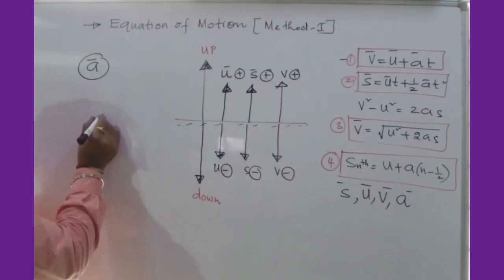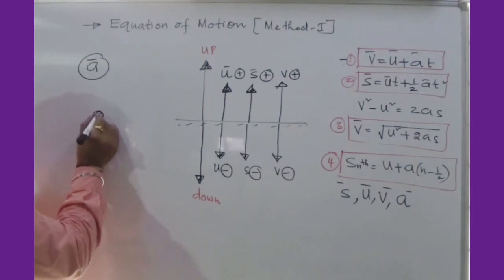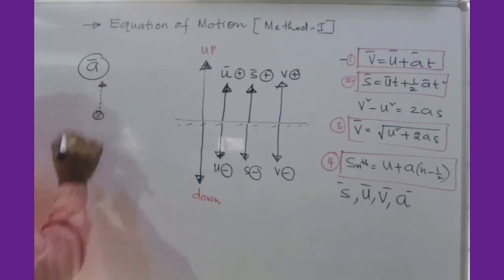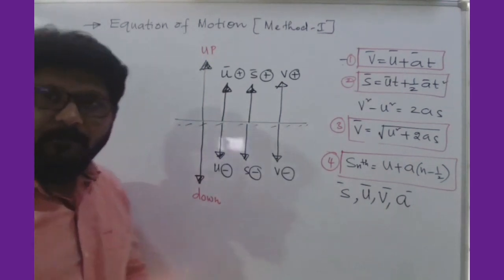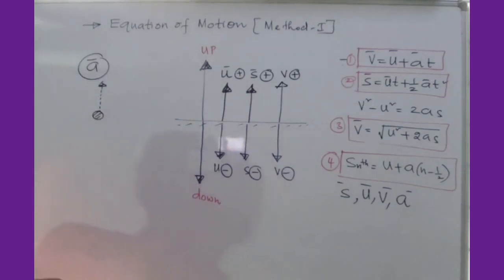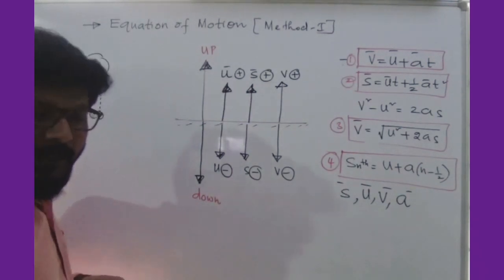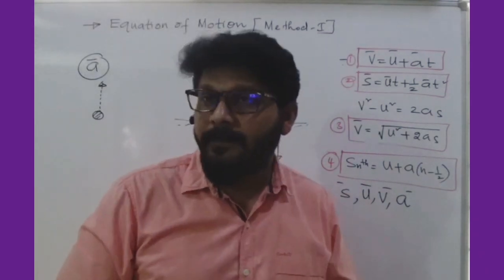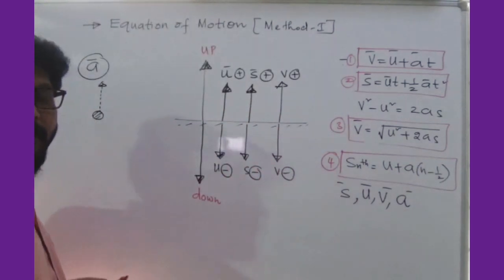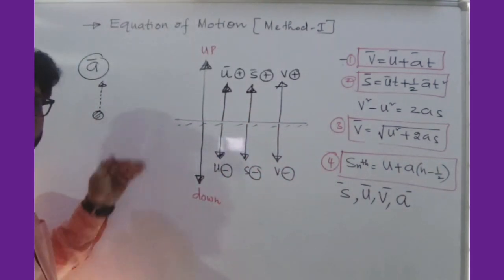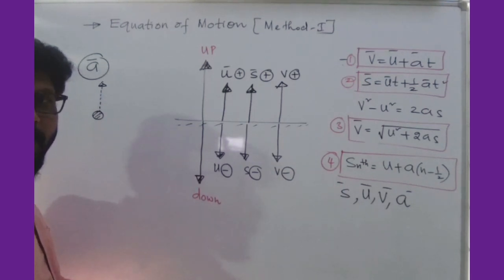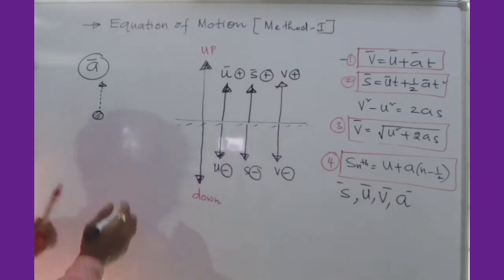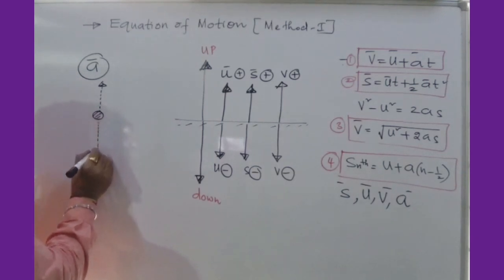When a body is going vertically upwards, in which direction is the acceleration due to gravity acting?